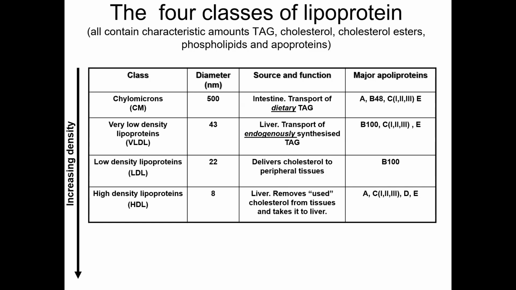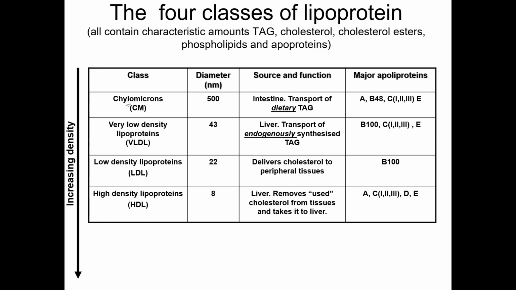These classes are arranged based on their increasing density: chylomicrons have the lowest density, followed by very low density lipoproteins, then low density lipoproteins, and then high density lipoproteins.